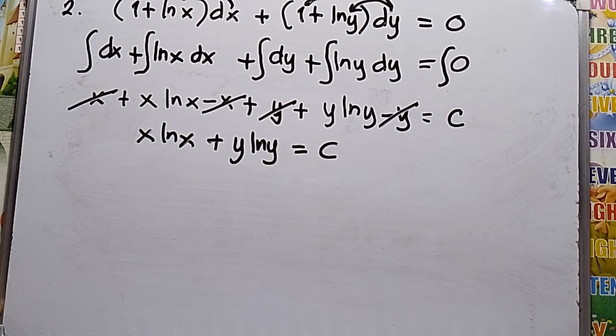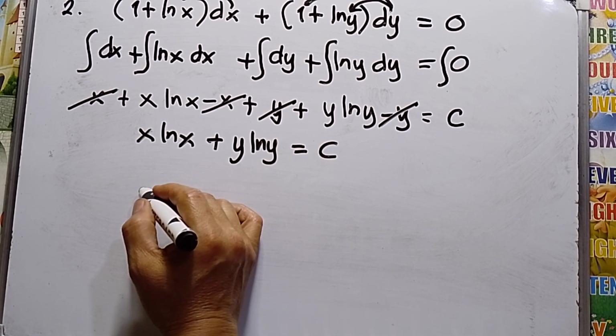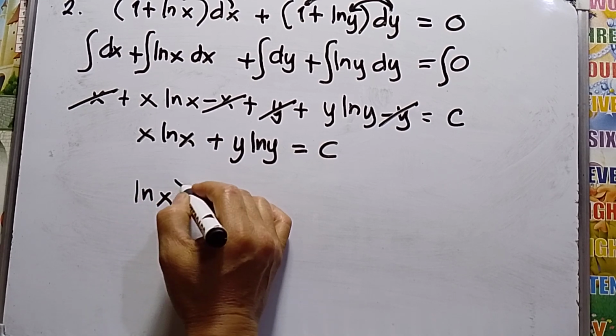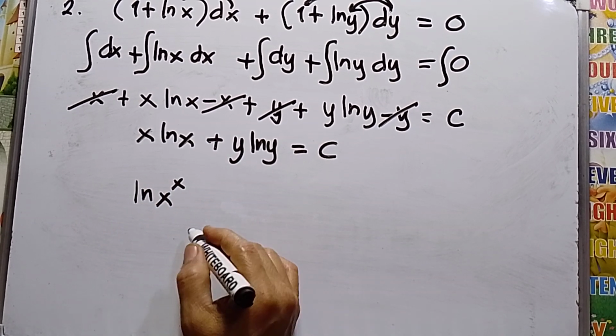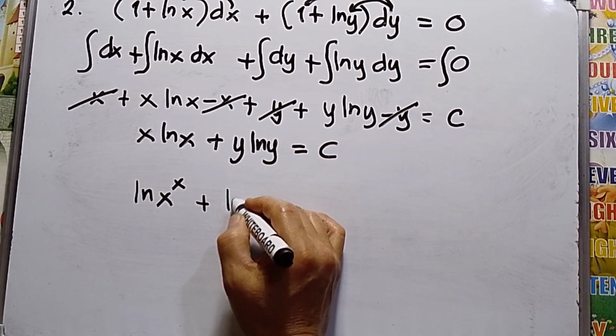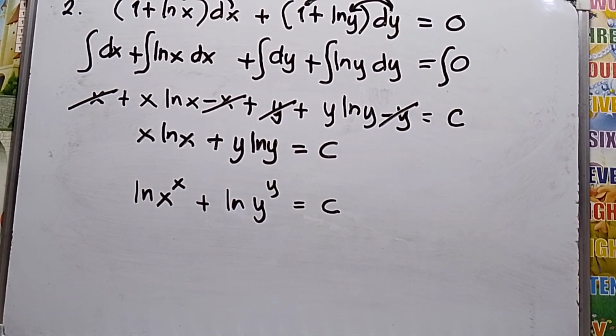So recalling our trigonometry, this will be ln x raised to x, and then plus ln y raised to y is equals to c.